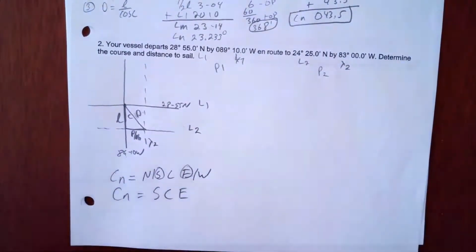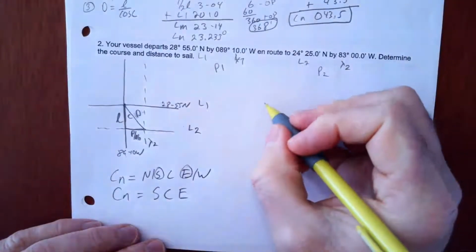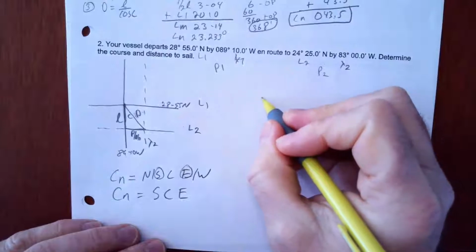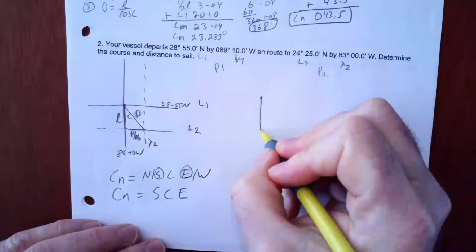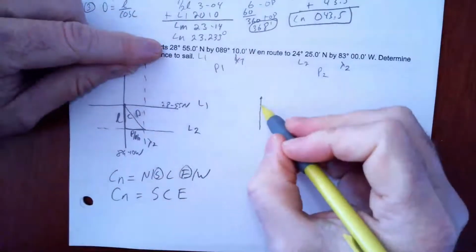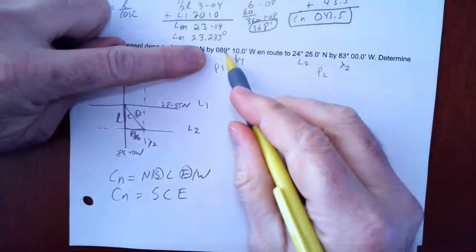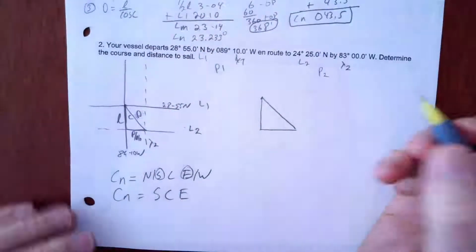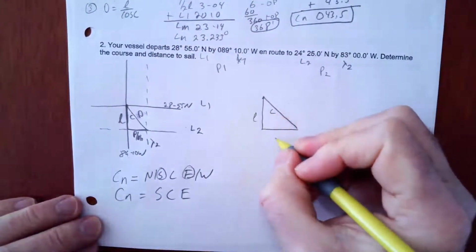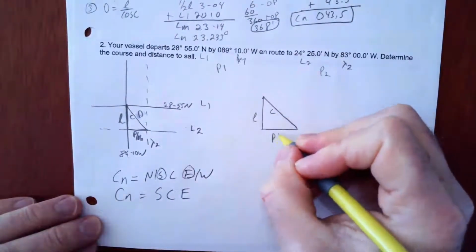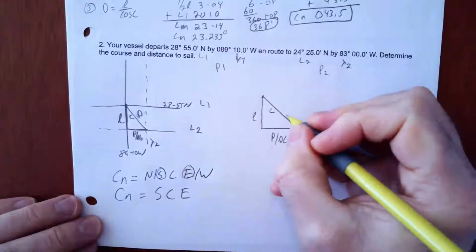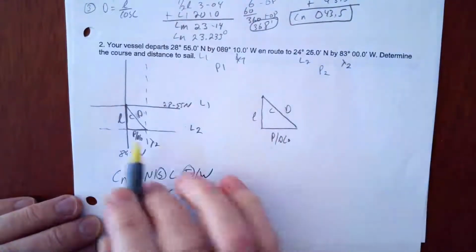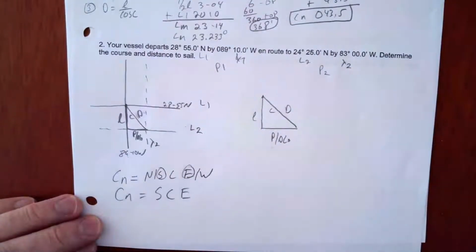Now, there are a couple other ways I could have drawn that, okay? I could have just gone like, I'm starting here, I'm going south, right? I went south, and then I went 8, 9, 10, and I went east. Okay, and then boom, there's my navigational triangle. There's C, there's L, there's P and D low, okay, and there's D. So that triangle and that triangle are the same triangle.